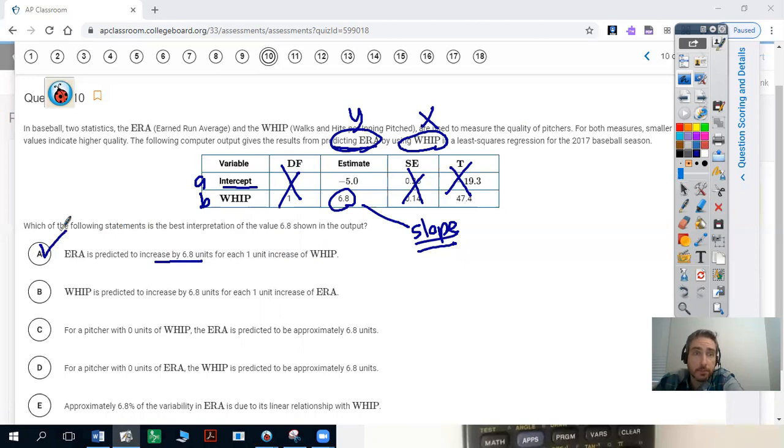That's your answer. Remember, slope is when you increase X 1 time, that slope value is what Y increases or decreases by. All right, number 11.